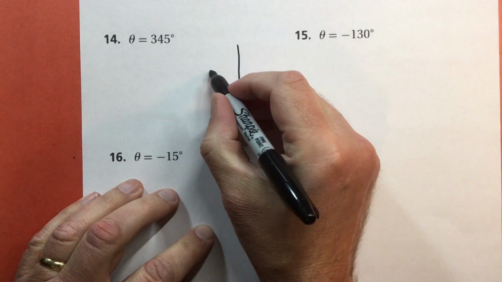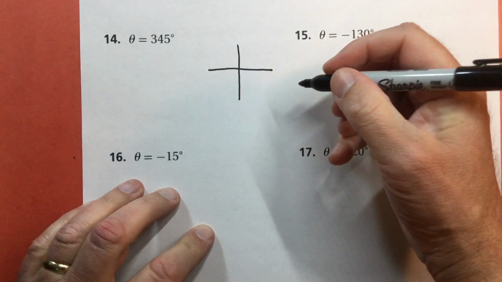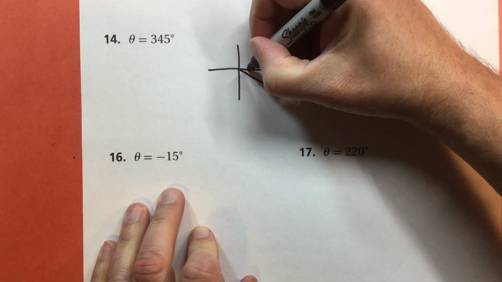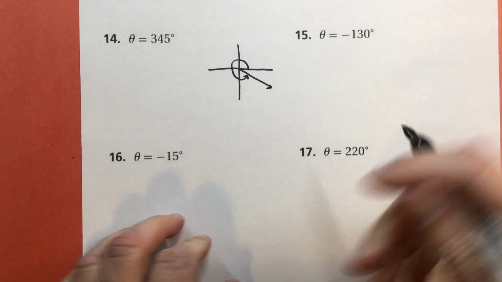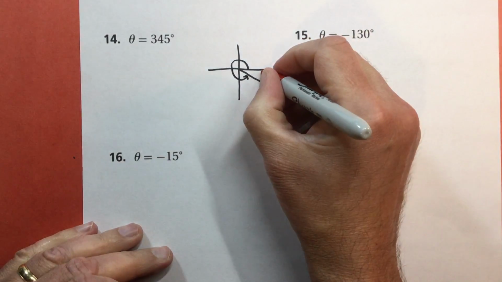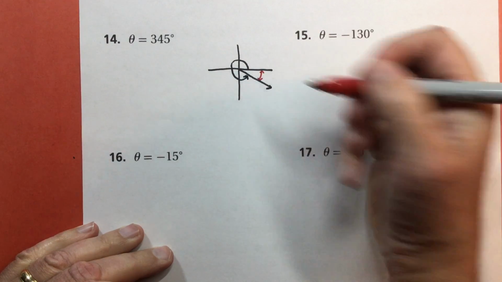345. That's almost completely all the way around. So 345 is going to be like over here someplace with a rotation like this. So what I need to do is figure out how much further you need to go to get back to the x-axis.